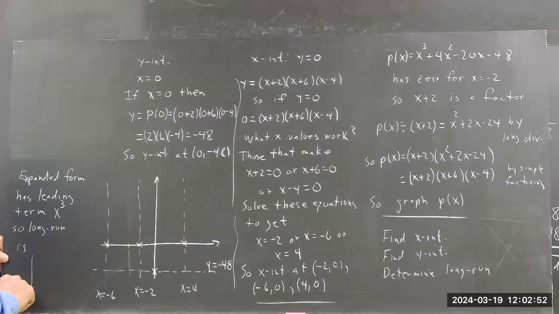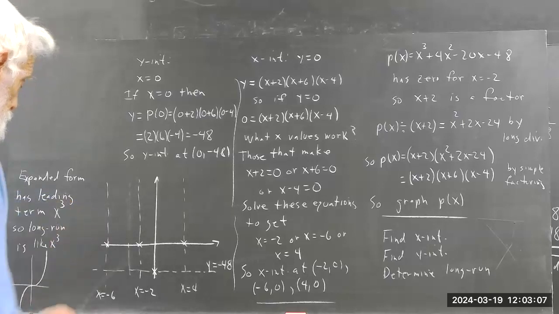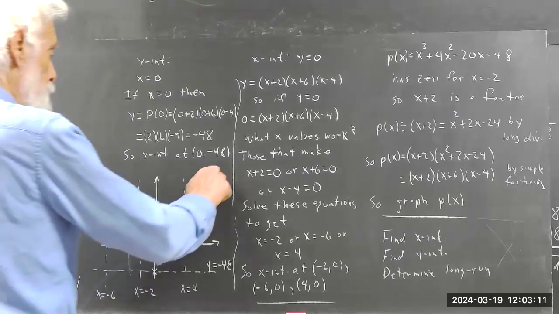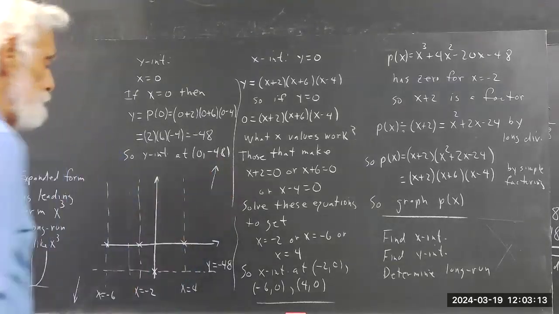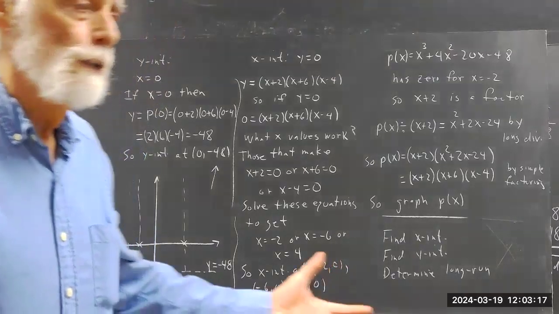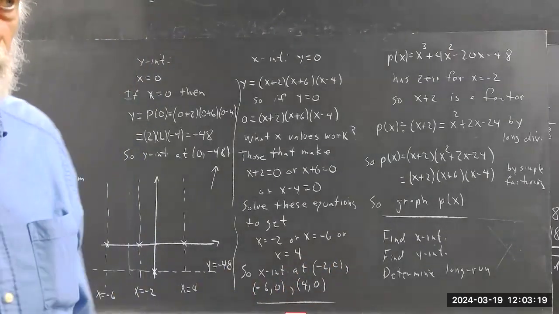But the long run is again like this. Meaning that over here, we're going to go down. Over here, we're going to go up. Now, Open Math explains that in a slightly different way. Talks about what happens if you use big numbers.